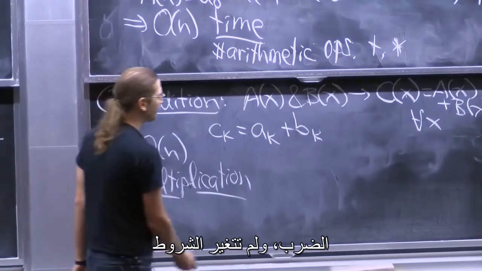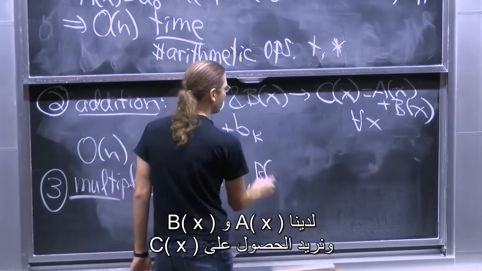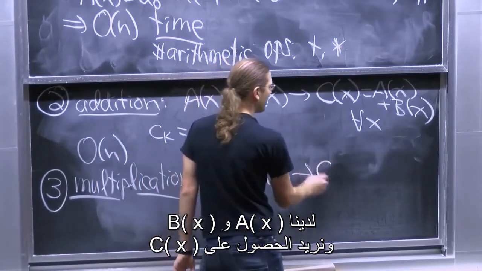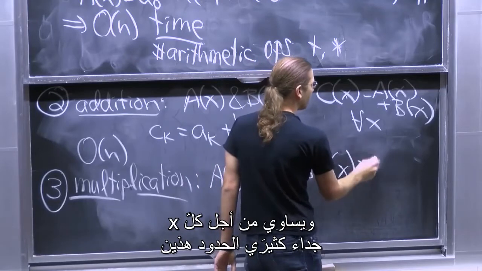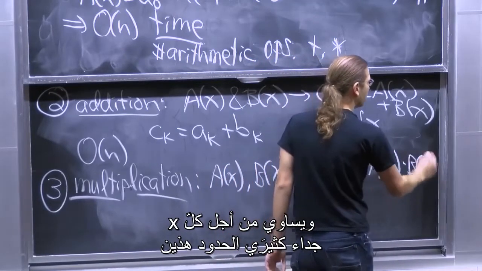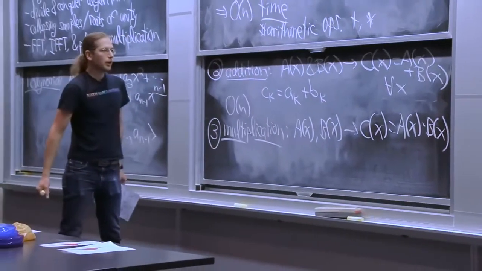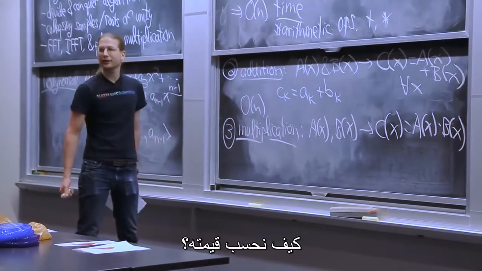So multiplication, same deal. We're given a of x and b of x, and we want to convert that into some c of x that for all x evaluates to the product of those two polynomials. Okay? How do we do this?